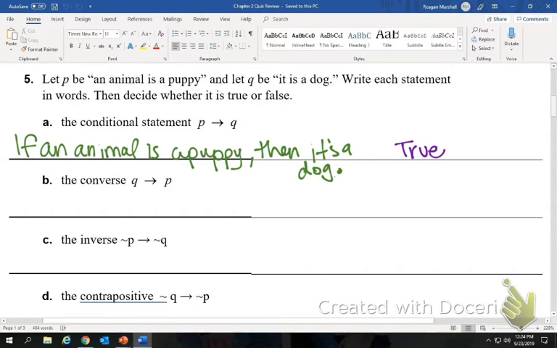The next one, we're going to do the converse. What do we do when we find a converse? We switch. Some people were saying flip. That is also fine. Do I switch the words if and then? No. I still do if, but what will come first? If it's a dog, then the animal's a puppy.